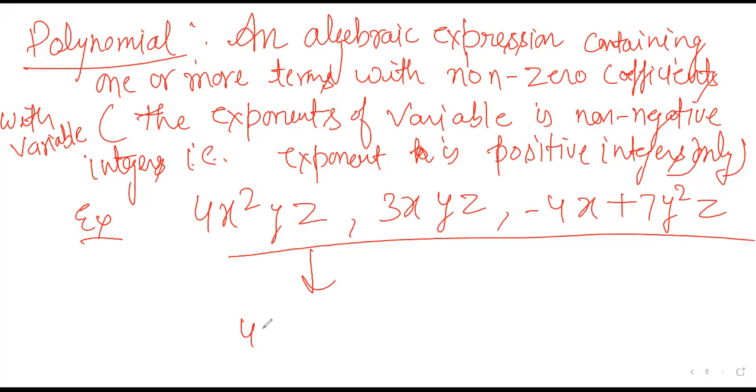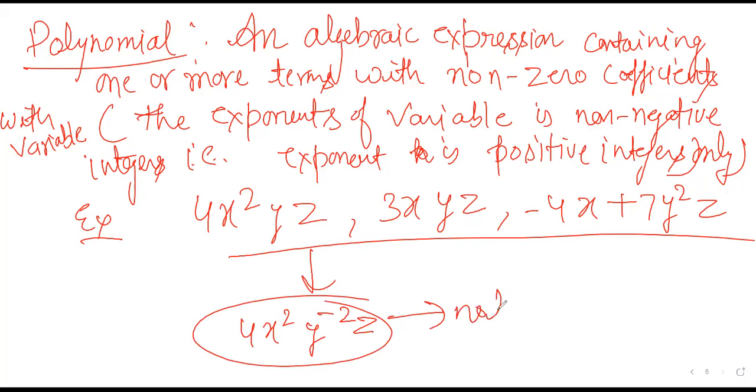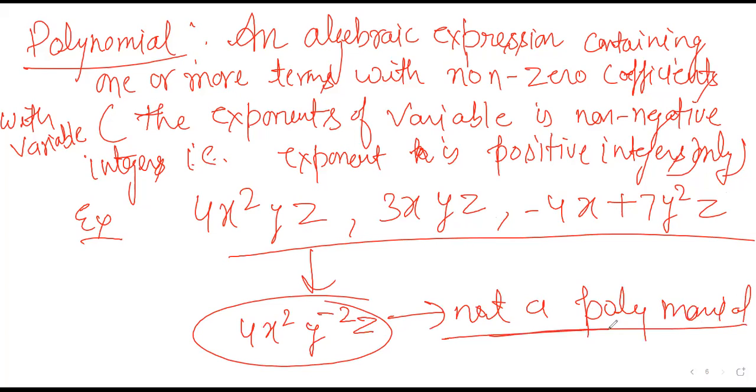But if we write such kind of things, this is not a polynomial. Please keep this in mind because this is important. This is definitely an algebraic expression, but not a polynomial. This is the main difference between polynomial and algebraic expression.